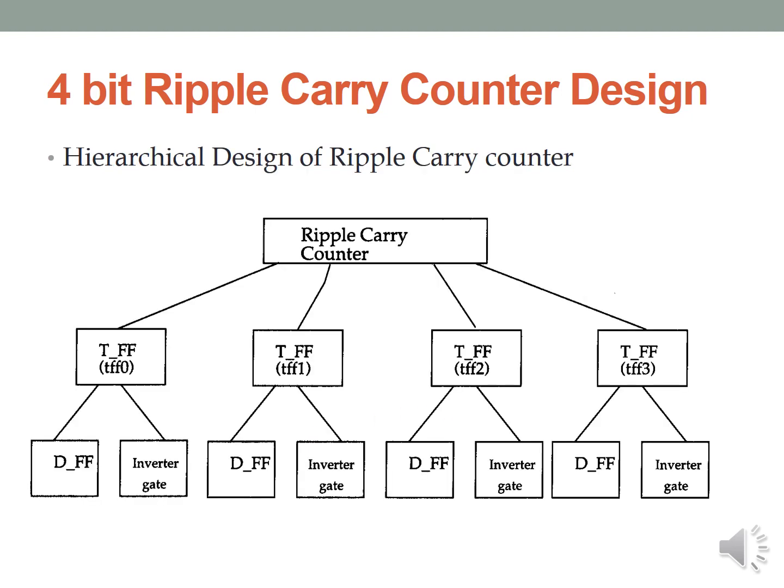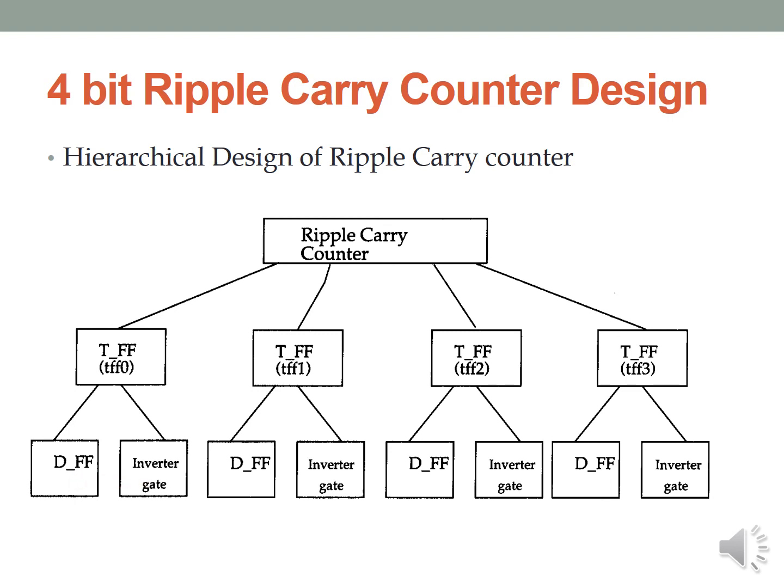Let us now observe the hierarchical design of the ripple carry counter we just discussed. The ripple carry counter is the top level block, which can be realized using 4 T flip-flops. Each of these 4 T flip-flops can further be realized using a D flip-flop and an inverter gate. This last level of cells, sub-blocks which cannot be further divided, are the leaf cells.